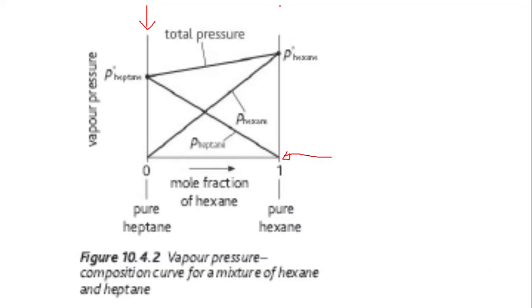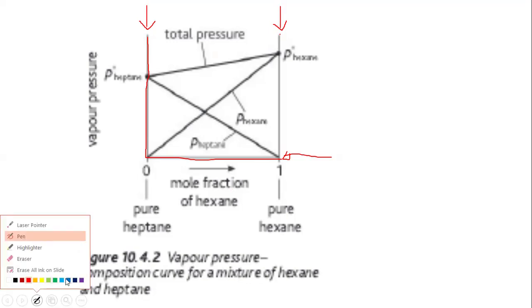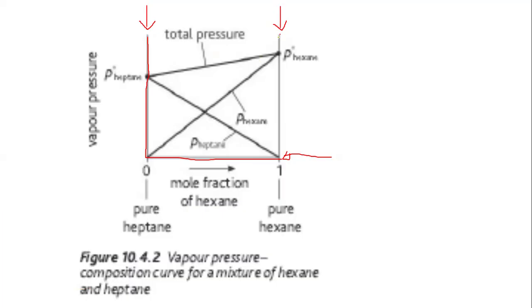They also are trying to show you the relationship between heptane and hexane, so they drew a second axis on this side. So you have one axis going like this, and then the other going like this, and coming down and meeting with the same y-axis.